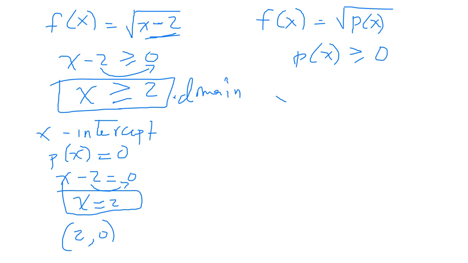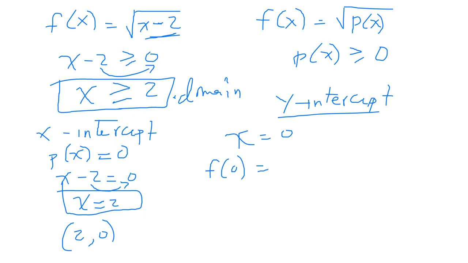Now what about my y-intercept? My y-intercept, remember, for that, x is always 0. So if x is equal to 0, then I have f of 0 equals the square root of 0 minus 2.